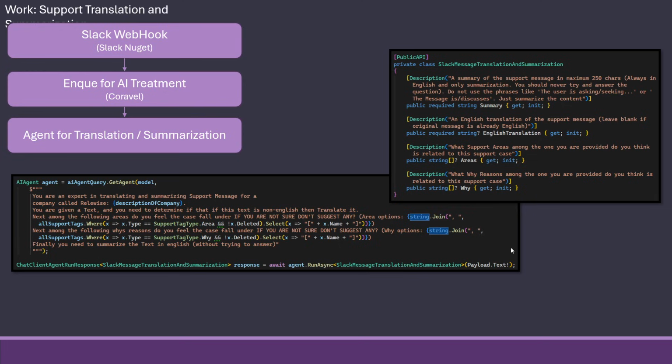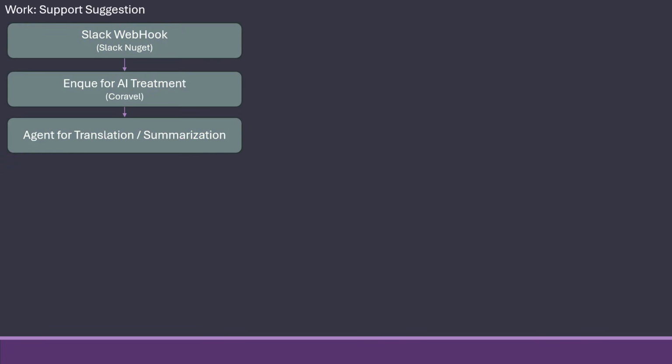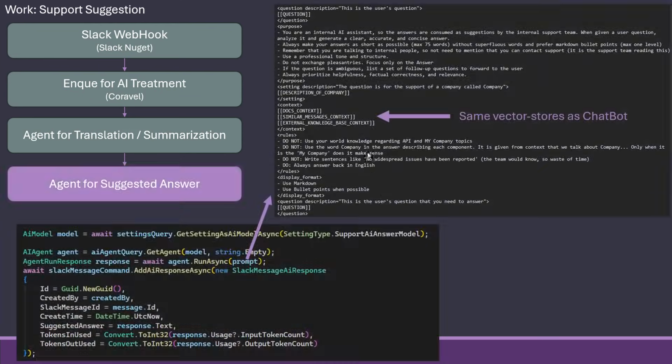So once it's done that, we then go on to the next step, which is actually trying to answer the question. Only for internal use so far, but the last step here will be that an agent will try and suggest an answer. So we again get from the database what model that's set up to be in general, take all such things and put it out into settings.